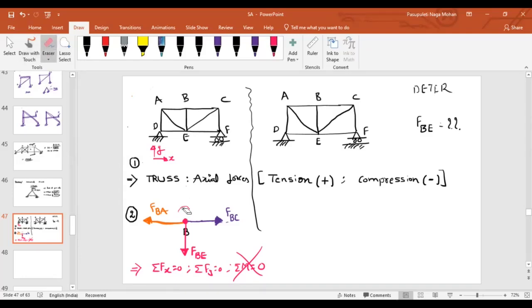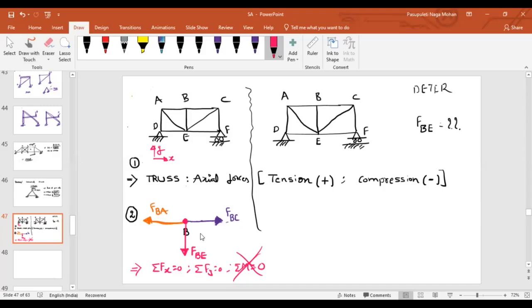That is the possibility for plane systems. But for the truss cases, as there are only axial forces, no concentrated moments will generate. That's why you can kindly ignore this equation.